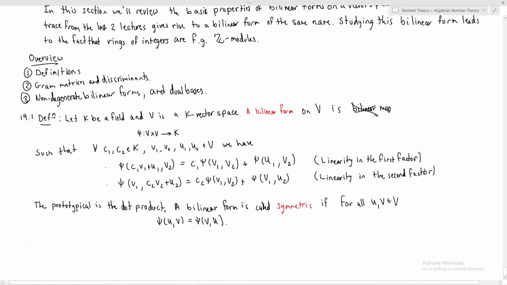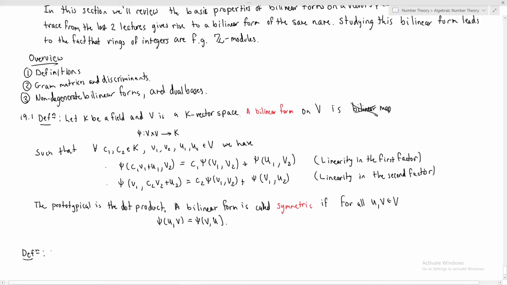Okay, so I want to move on to the second thing, which is Gram matrices and discriminants. So definition. What is the Gram matrix of a bilinear form?